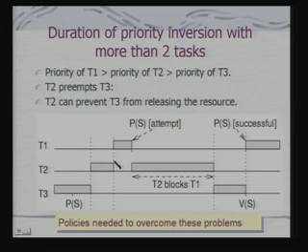So, at this point T3 is in execution, and then T1, since its priority is higher, comes in. But there is an attempt to get the resource, the P operation, and that becomes blocked because T3 already has the resource.